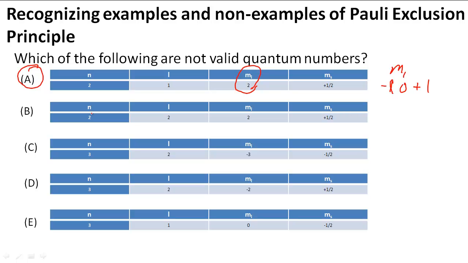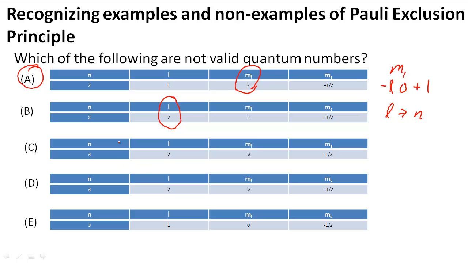B, it says N is 2. That's great. However, here it says L is 2. That's problematic because L can only go up to what N is, but it can't be N. It can run up right next to it.